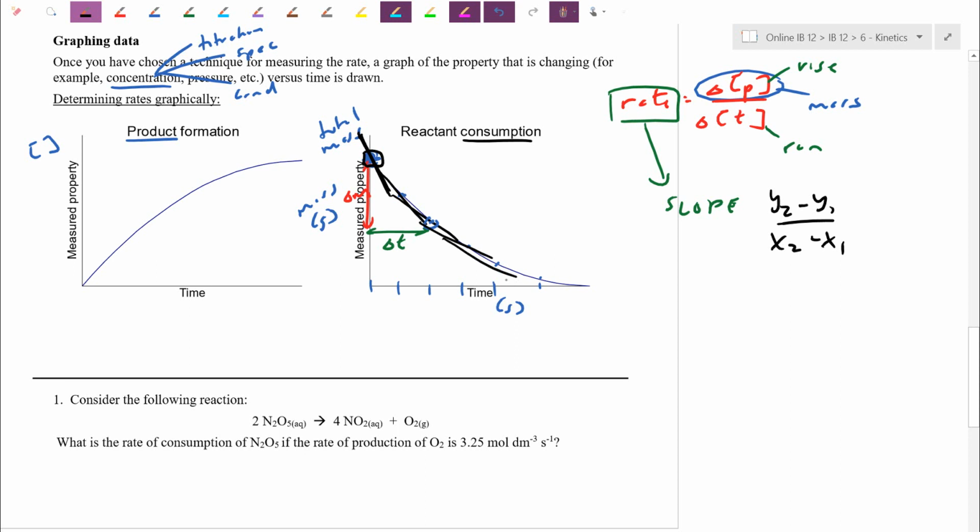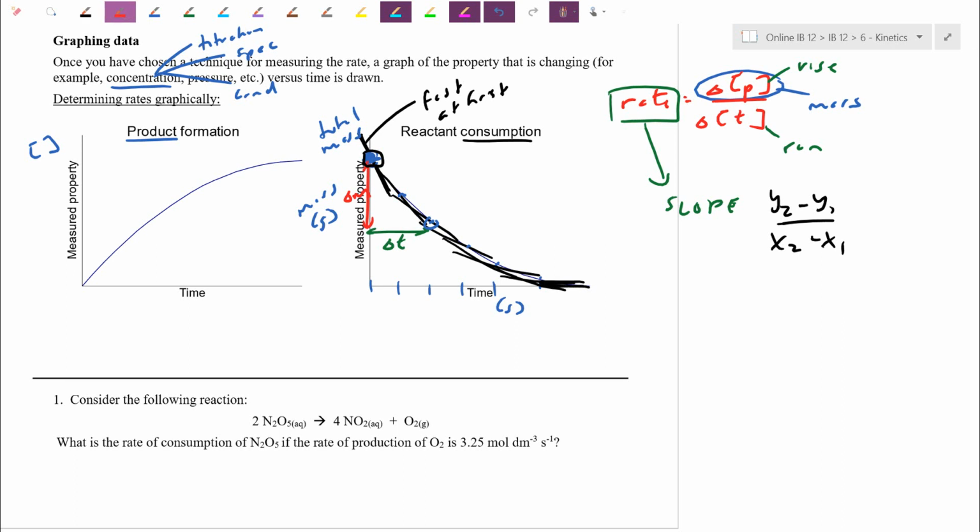You'll notice that this tangent is steadily getting flatter and flatter, right? Because the slope is really steep here, we can say it was fast at first. But as I steadily use up the reactants, we gradually slow down. We gradually get to a point where the slope is pretty much flat.